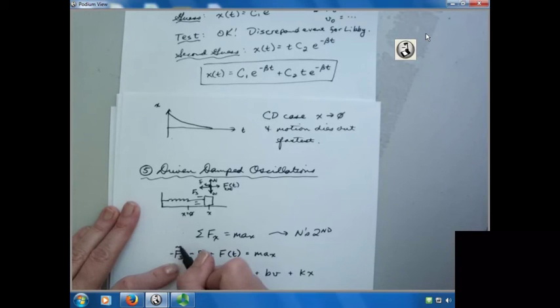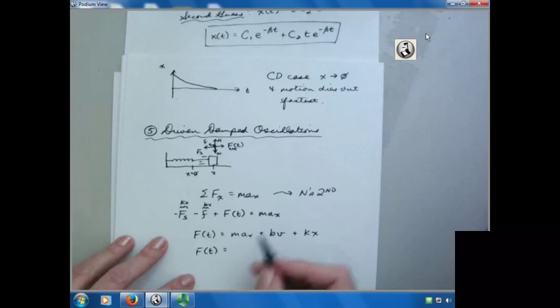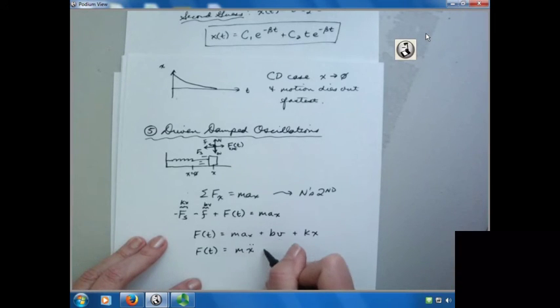I could have made those substitutions over here, noting that's kx and that lowercase thing is bv. Write that one more time. Force as a function of time is m x double dot plus b x dot plus kx.